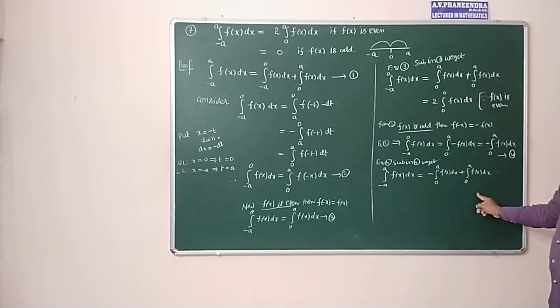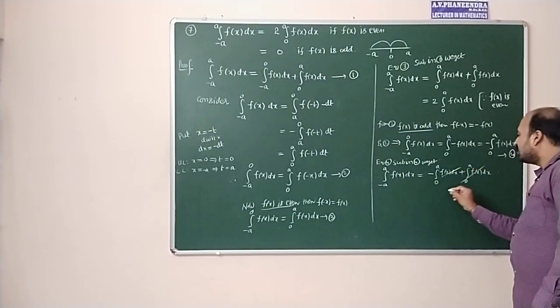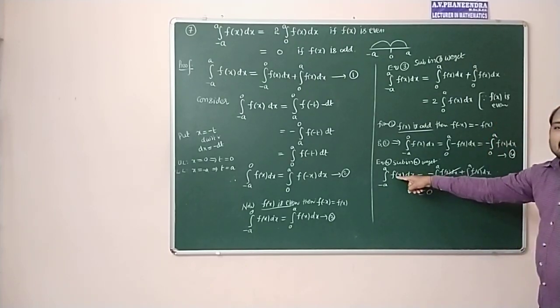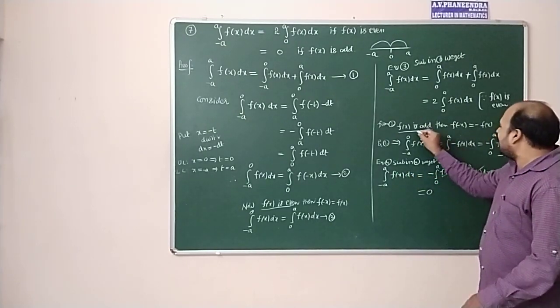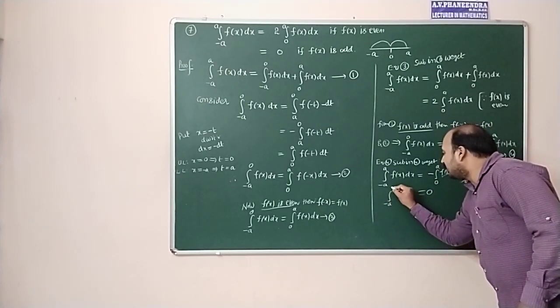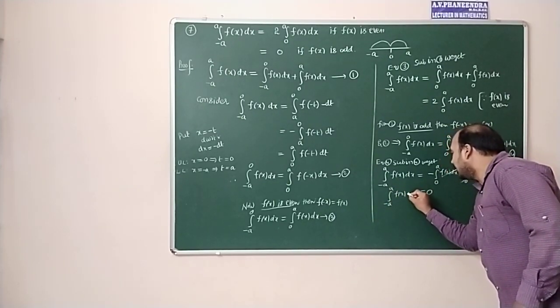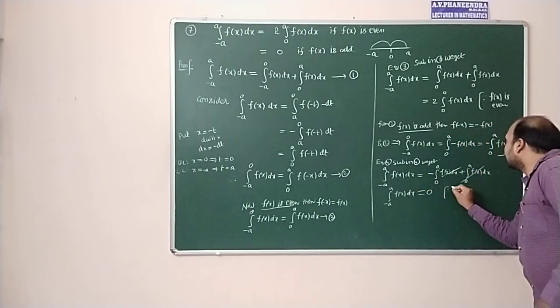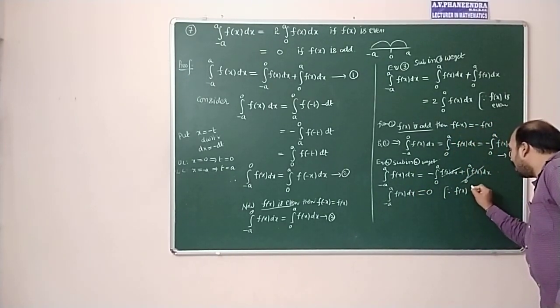One minus value, one plus value, both will be cancelled, which is equal to 0. This integral value goes to be 0 whenever it is an odd function, so integral minus a to a of f of x dx is equal to 0, since f of x is odd.